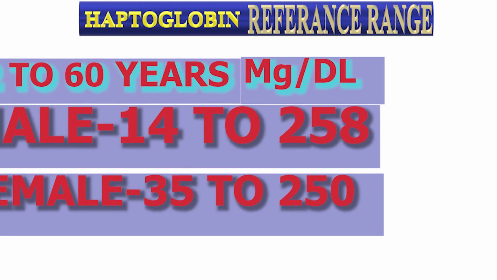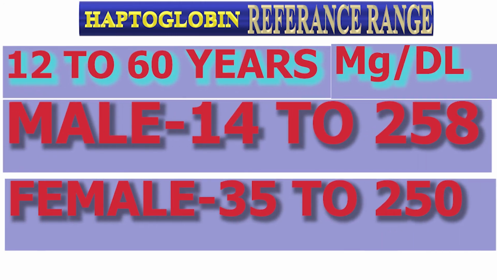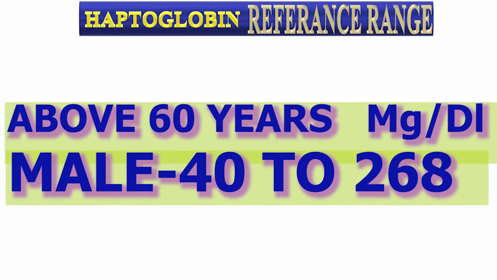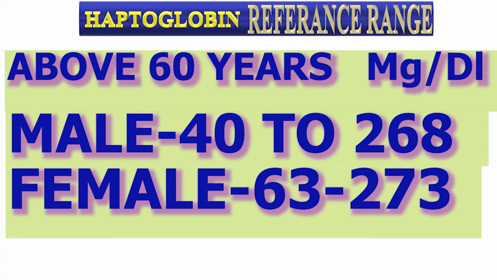From age 12 to 60 years, for male, it's 14 to 258 milligrams per dl. For female, 35 to 250 milligrams per dl. Above 60 years of age, for male, it's 40 to 268. For female, it's 63 to 273 milligrams per dl.